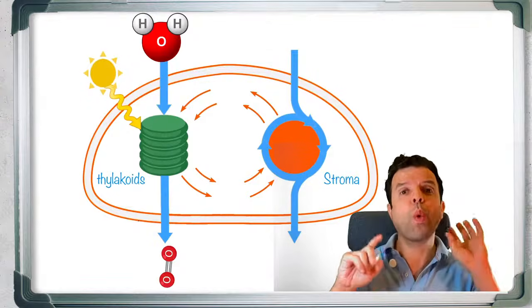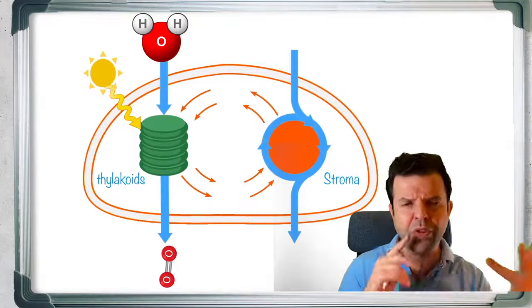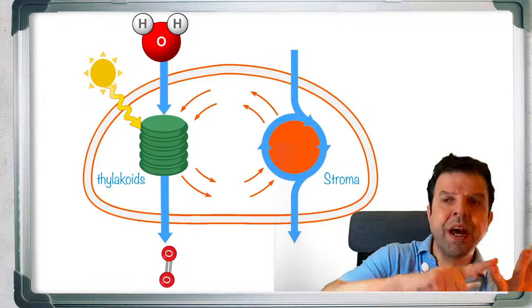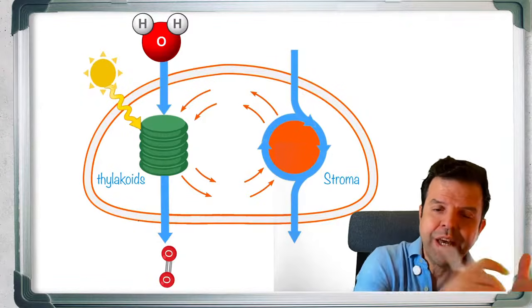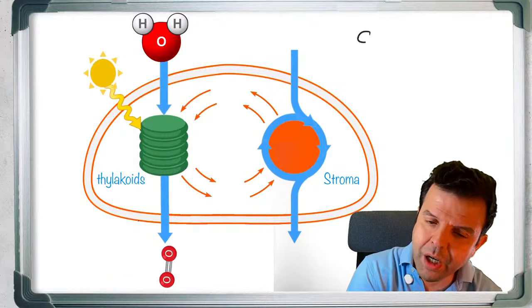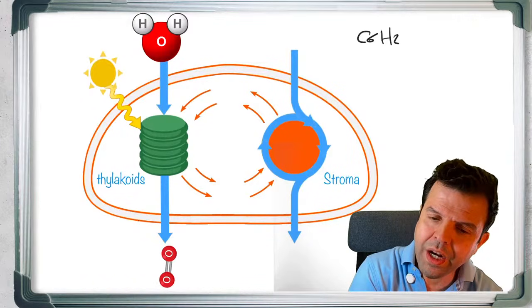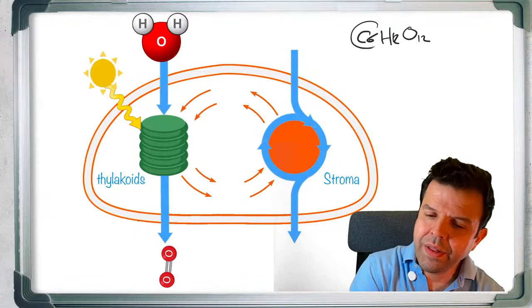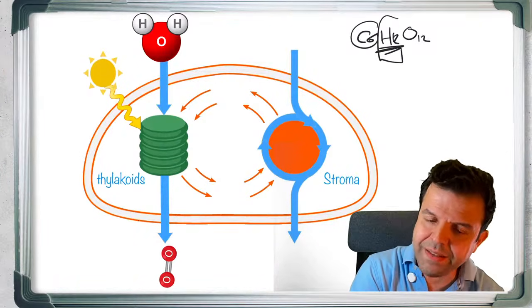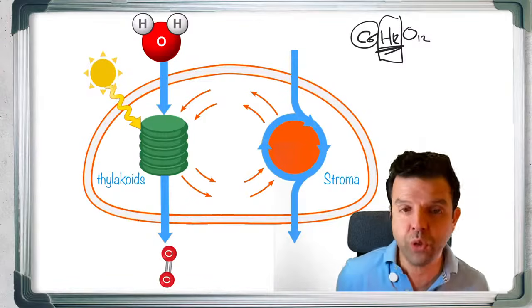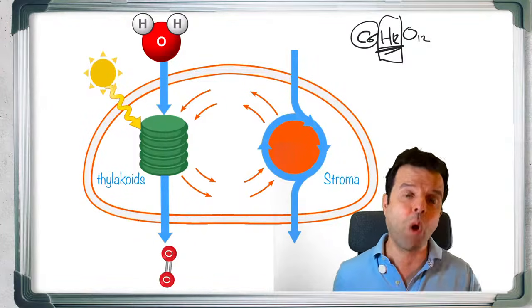Think of the product. What am I interested in? I am interested in glucose. And glucose is simply carbon, hydrogen, and oxygen. The only source of hydrogen I have is water.